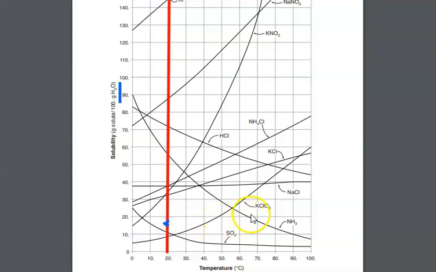Now, KClO3, we're going to go down. The line means you have a saturated solution. So anything above the line, if it's at a specific temperature, it means that you have excess sitting at the bottom of the container. So choice A is our answer.